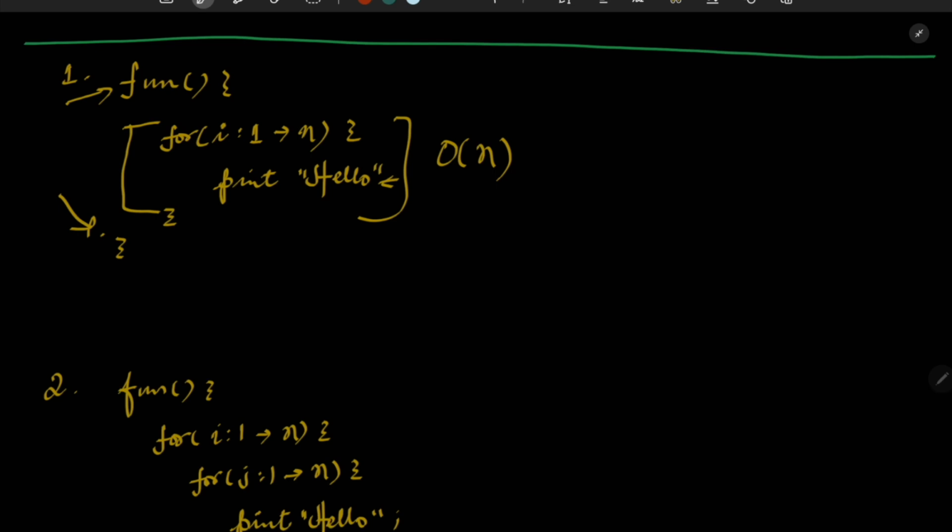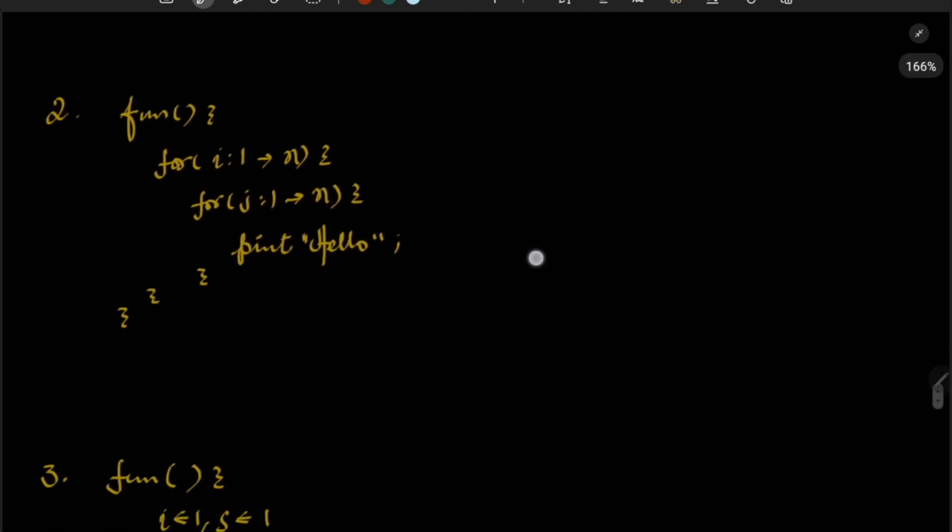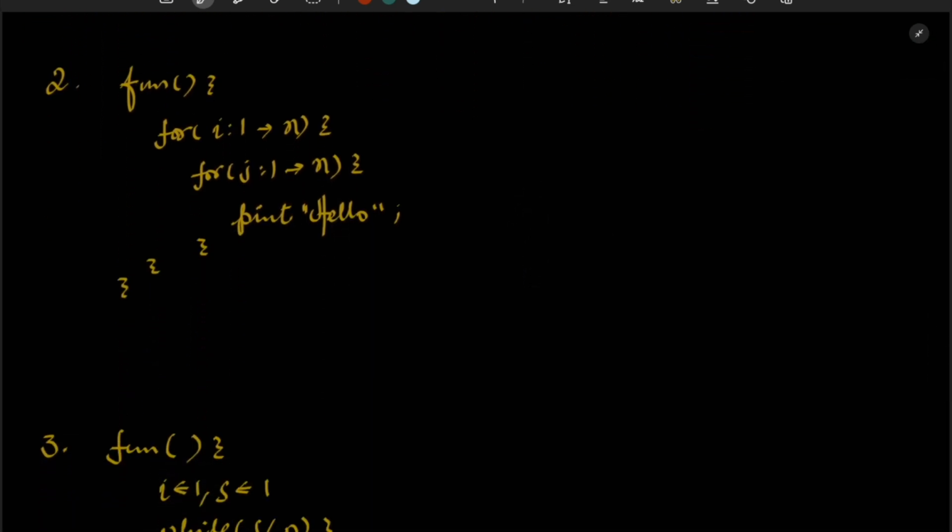It's just a print statement, so it has a constant time complexity which is big O of 1. We multiply these two. So essentially what we have is big O of n as the time complexity for this function.